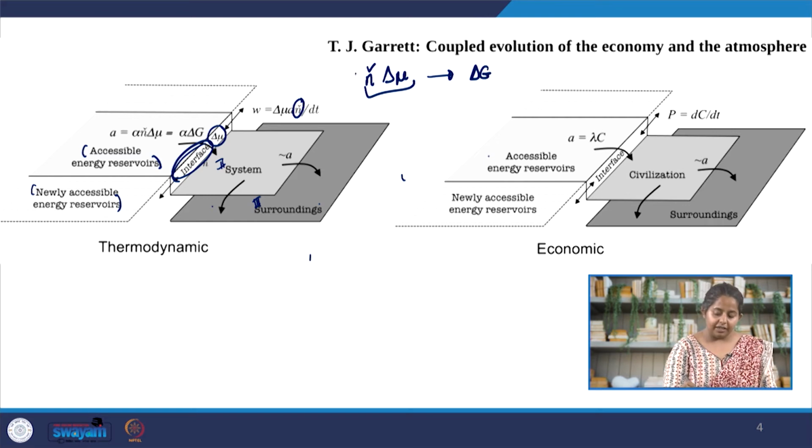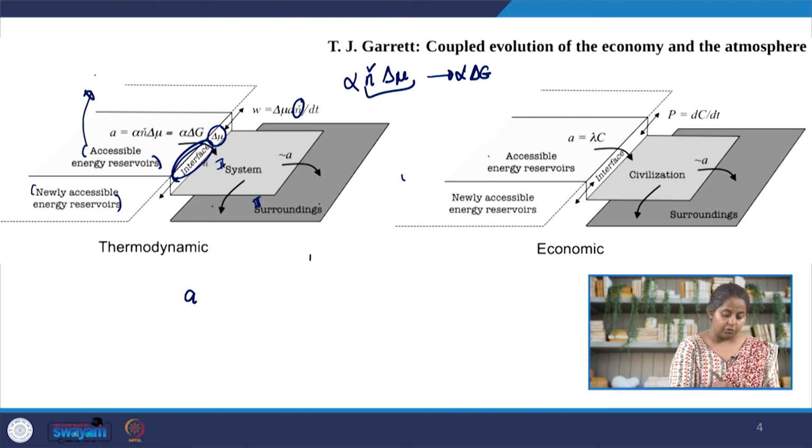Alpha here is your efficiency. It's a constant, maybe not constant, but it is an efficiency that tells me how the reserves are being used, or how the energy is being transferred from high potential to lower potential, and that is A. A is the rate at which the system is being heated up. A is the rate at which the energy reservoirs are being used.